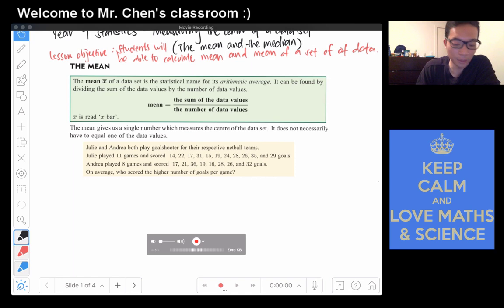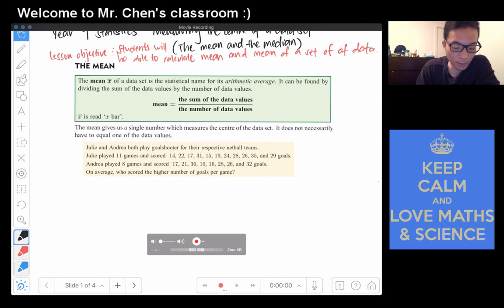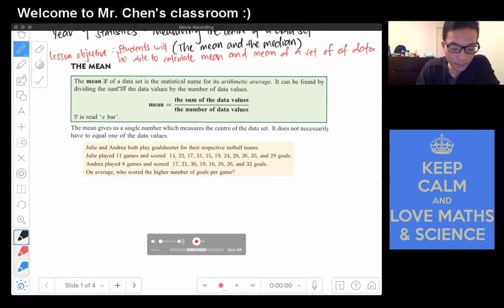Let's go through the definition. The mean of a data set is the statistical name for what we call the arithmetic average, or your basic layman term, average. It can be found by dividing the sum of the data values by the number of data values.